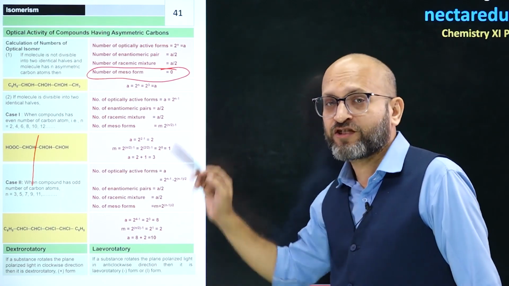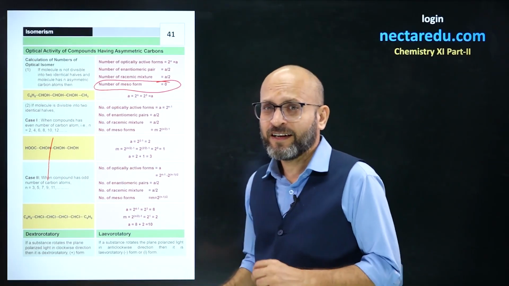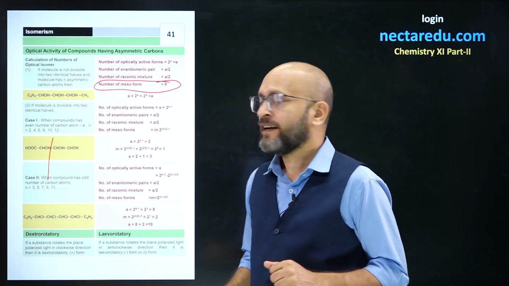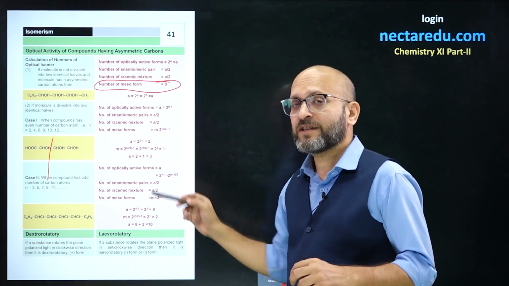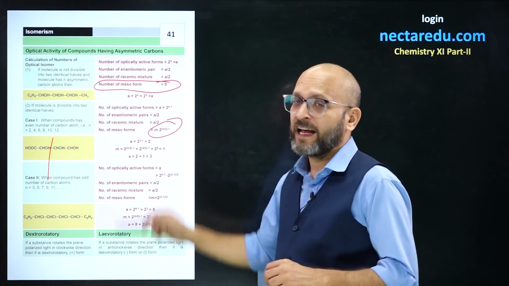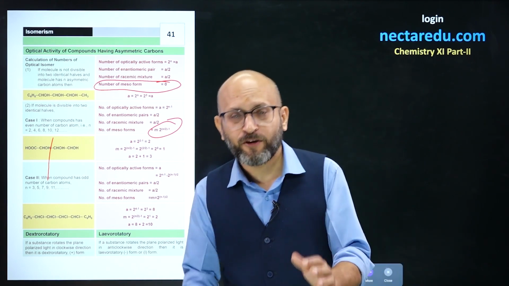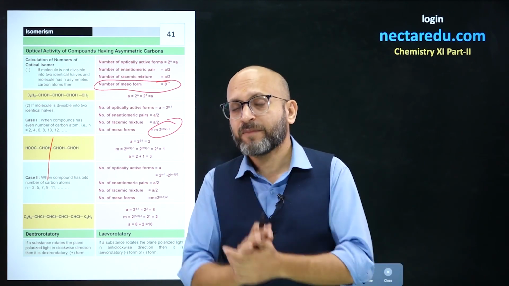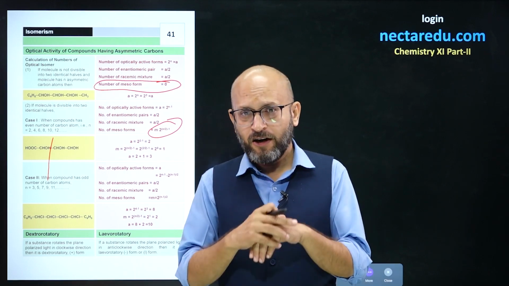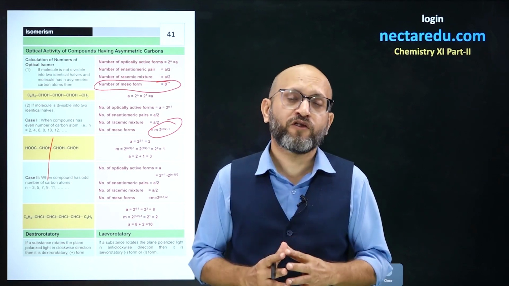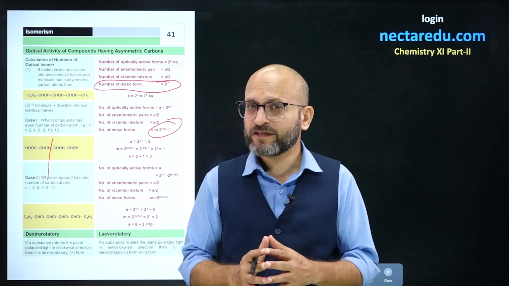Here you have symmetry, so we do have mesomers. The formula for mesomers is 2 to the power n by 2 minus 1. So for optically active compounds, the formula is 2 to the power n minus 1, and for optically inactive compounds or mesomers, the formula is 2 raised to the power n by 2 minus 1.